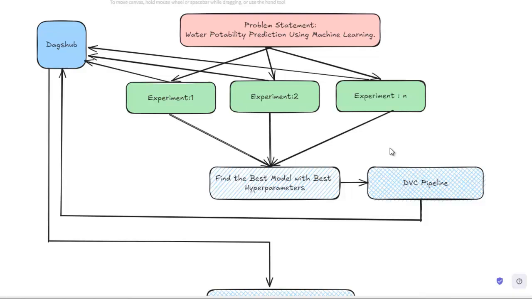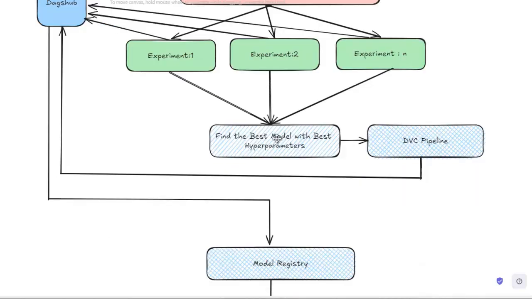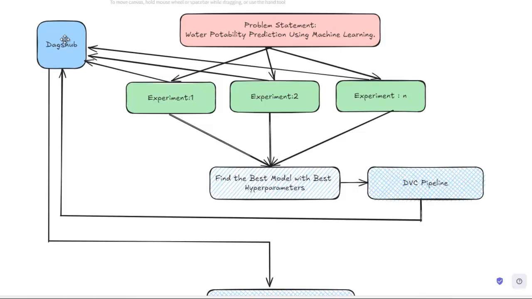In the last video of our MLOps playlist, we created a complete MLOps project for water potability prediction using machine learning. As you know, we prepared and ran several experiments. Then we identified the best experiment, meaning the best model with the best hyperparameters, right? And we logged everything, including all the experiments, using MLflow on DagsHub.